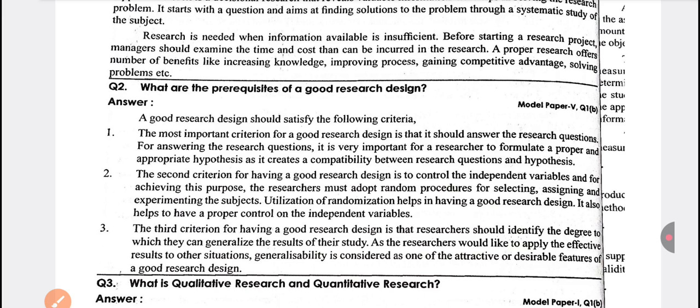Yes, the most important thing is answering the questions. For example, you say you have done a research, and when I ask you questions, you should be able to answer them. When you are answering my questions or any other person's questions, then it is said that yours is a good research design.